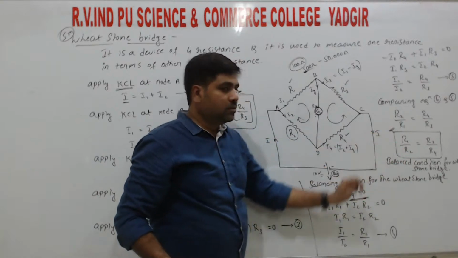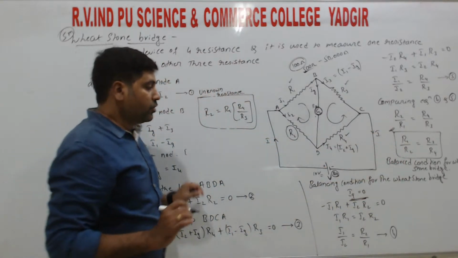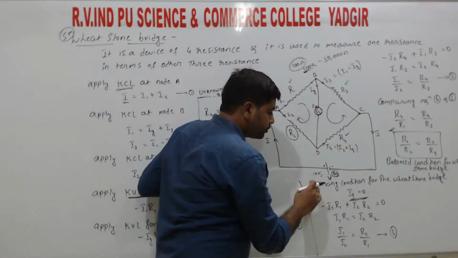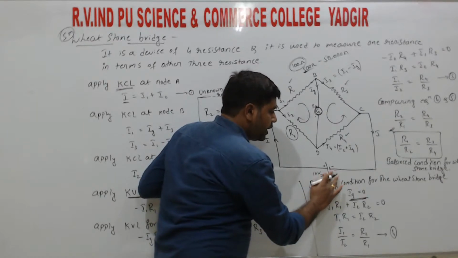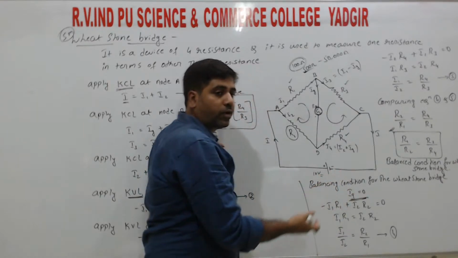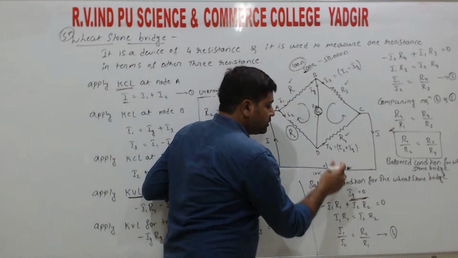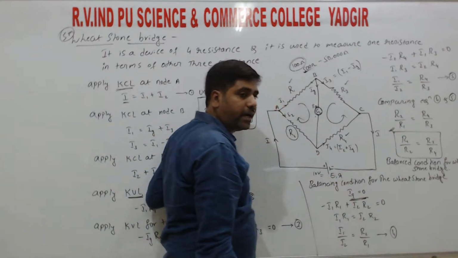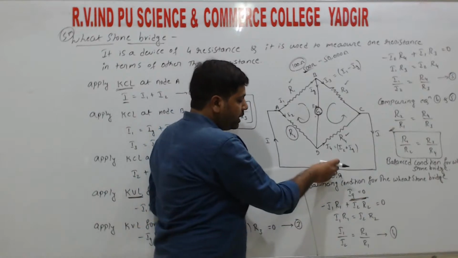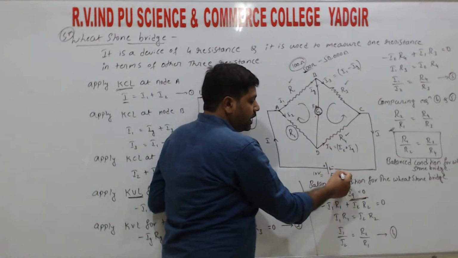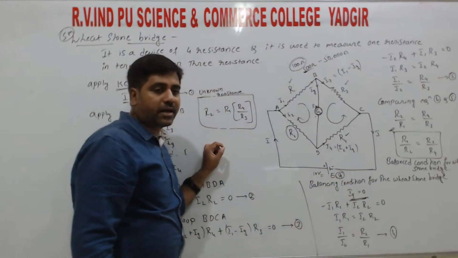So this is the second case, right? So now if we introduce the EMF, right? EMF is nothing but a cell. So if we connect this to the cell, and it also has some internal resistance R. So in that cell there is also some internal resistance.